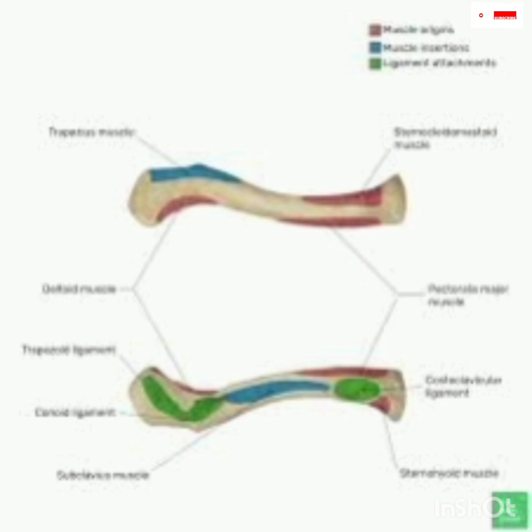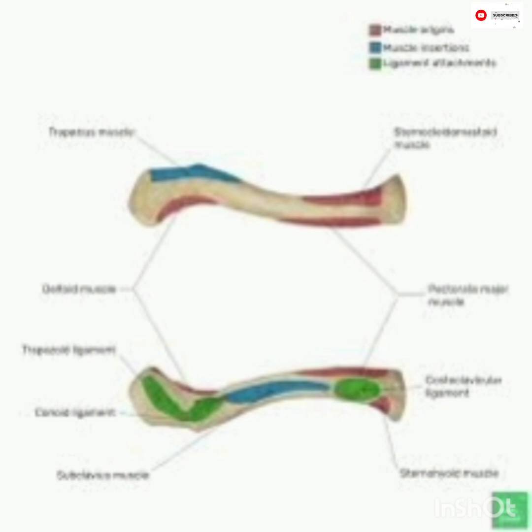Now the features of the shaft. It is divided into the lateral one-third and the medial two-thirds, and the lateral and medial ends. First, the lateral or acromial end, the peak of the shoulder, is flattened from above downwards.